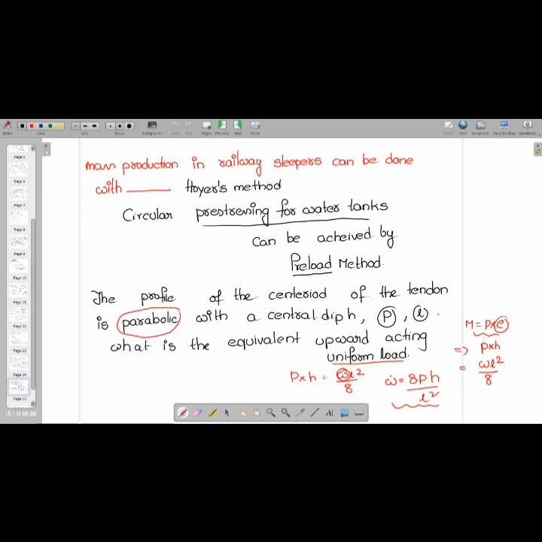Last slide. Long span pretension. I didn't get it, Mohammed Rashid. Usually they see practical problems, sir, they can give you anything, but in the last slide, please.